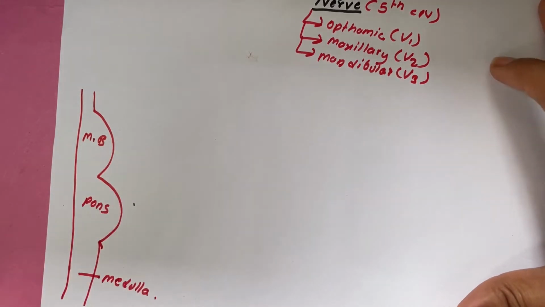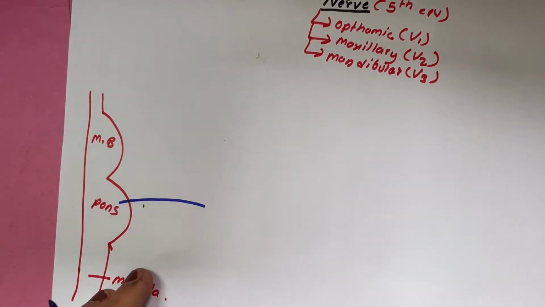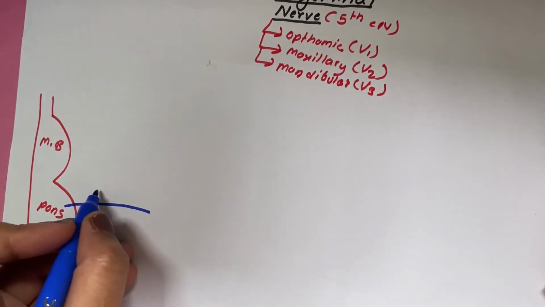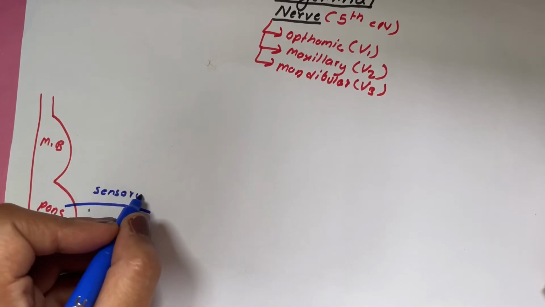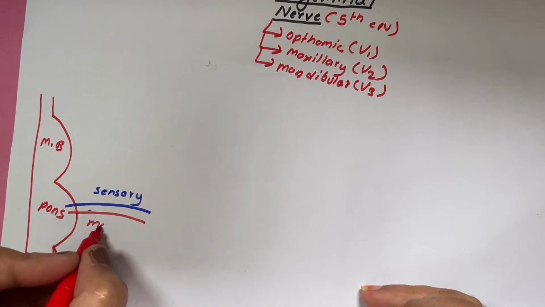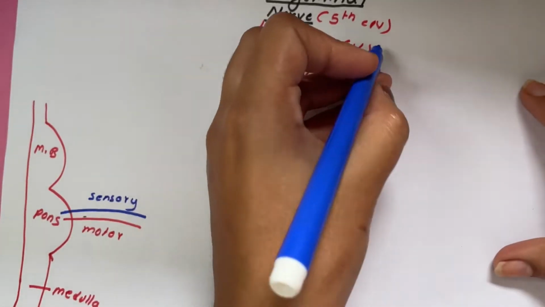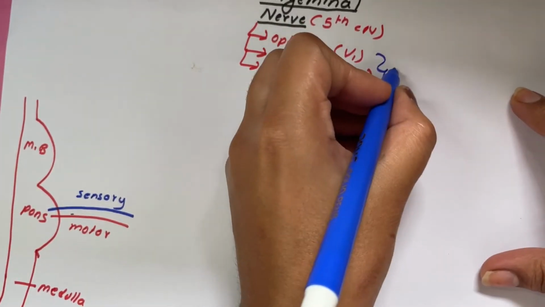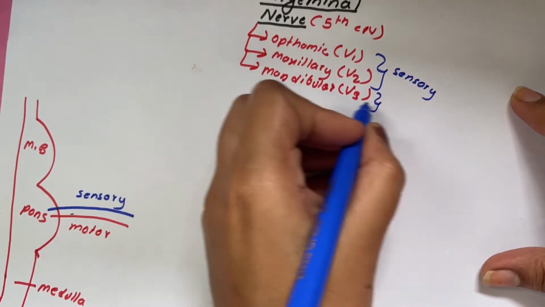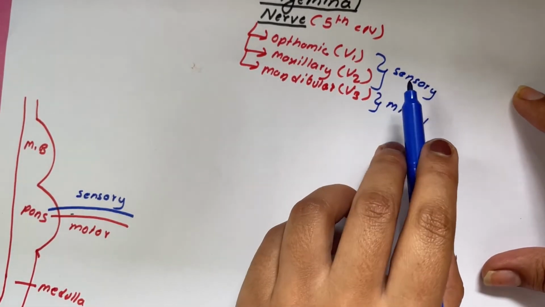From the pons the trigeminal nerve arises, and it consists of two roots, that is a sensory root and another one, the motor root. Only the ophthalmic and maxillary branches give sensory, while the mandibular gives mixed. That means it gives both sensory and motor.